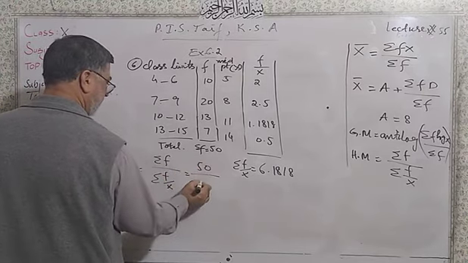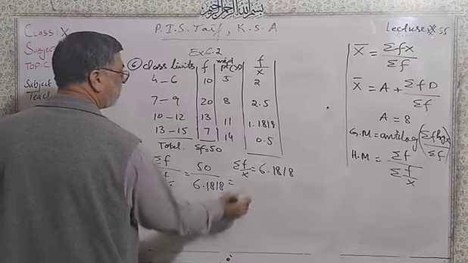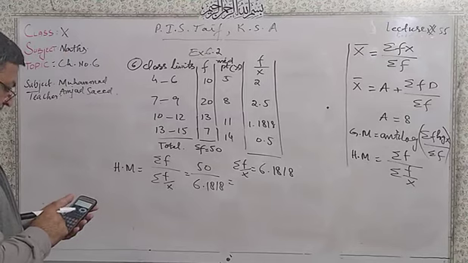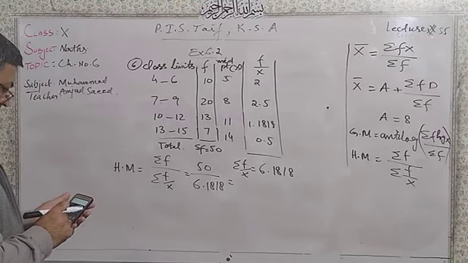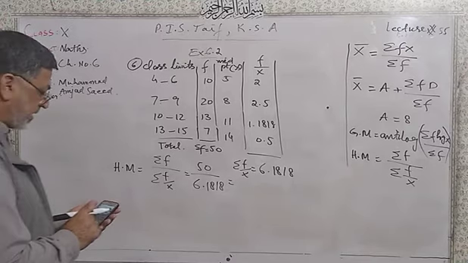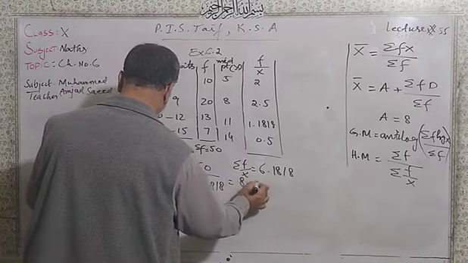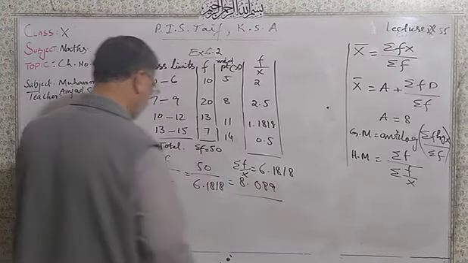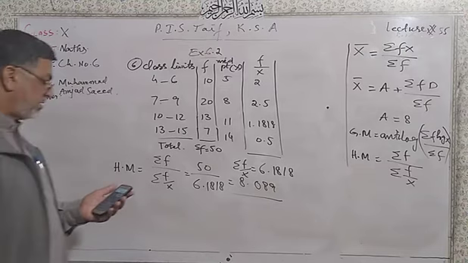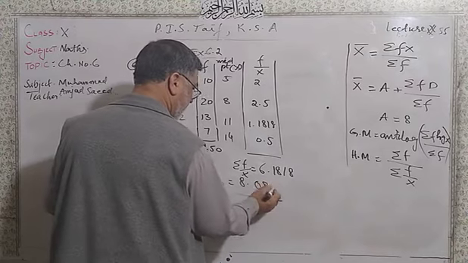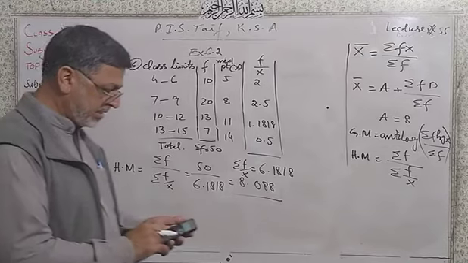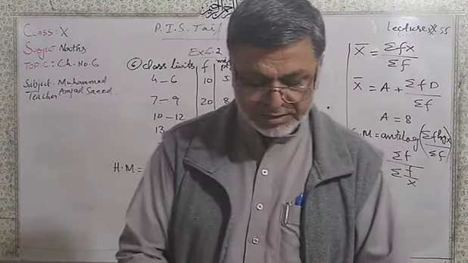Sigma f is 50 and this is 6.1818. 50 divided by 6.1818, that is your answer, 8.089. Or rather you can write down 8.09 because next is 2. So 8.088, dear students, that was your question number 6.